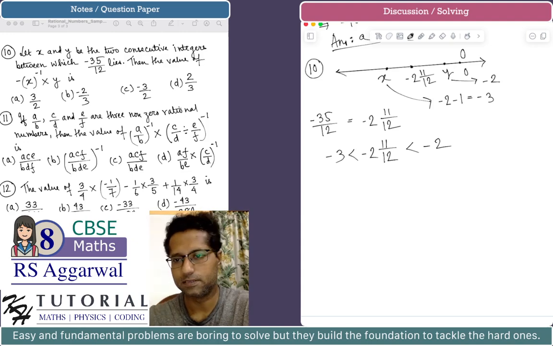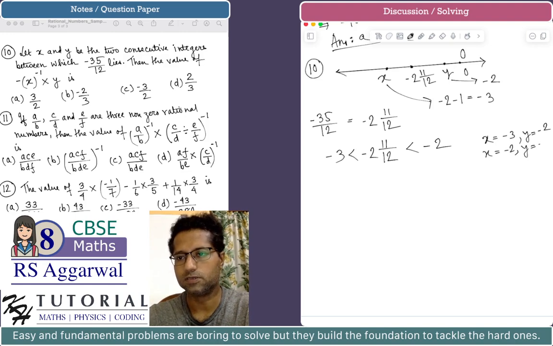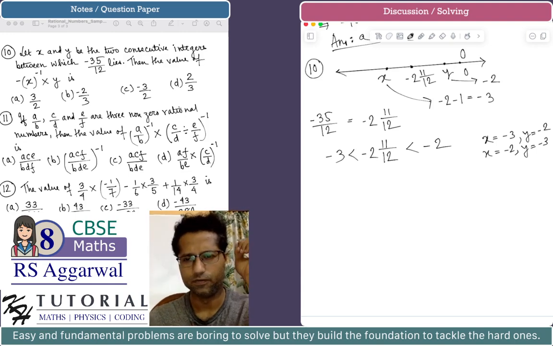So it can be the case that x is equal to -3 and y is equal to -2, or x equals -2 and y equals -3. It does not matter which is which. It is sufficient to know that those two consecutive integers are -3 and -2.